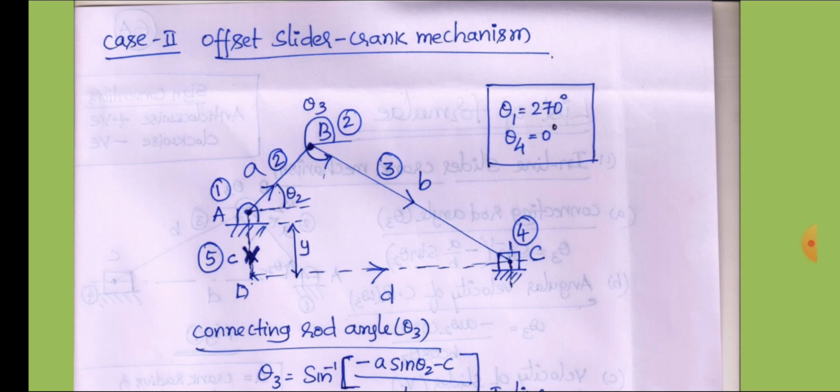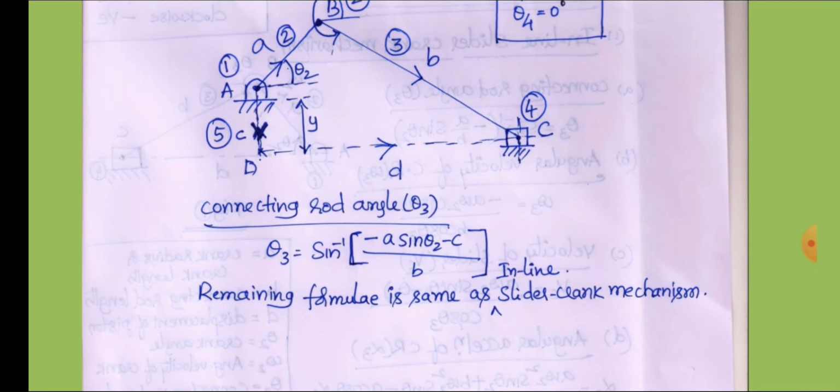Now in this type of offset slider crank mechanism also, only the connecting rod angle theta 3 is going to change. That is, theta 3 is equal to sine inverse of (minus a sine theta 2 minus c) by b, where a is the crank radius or crank length, which will be given in the problem.